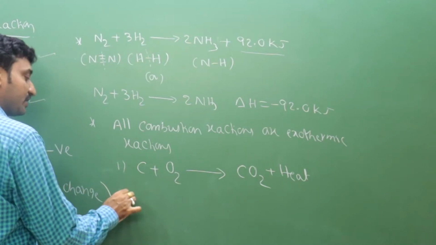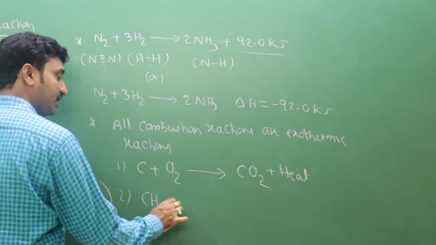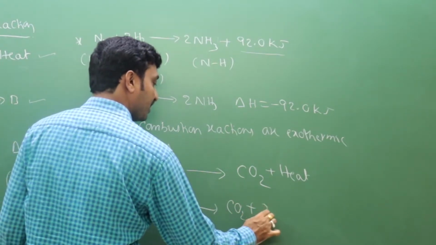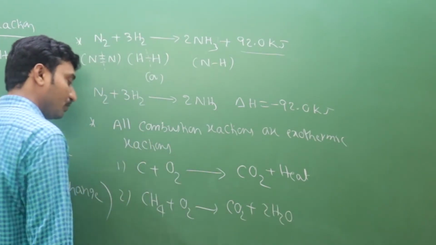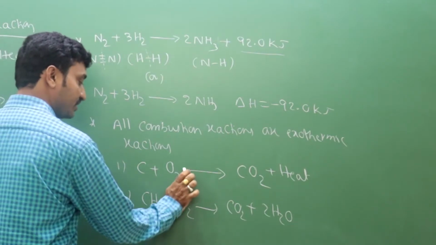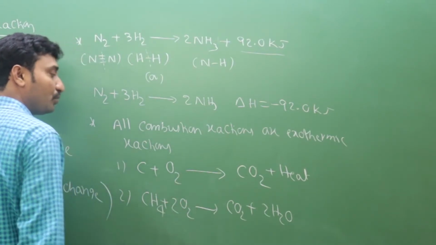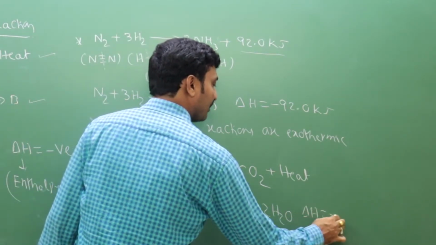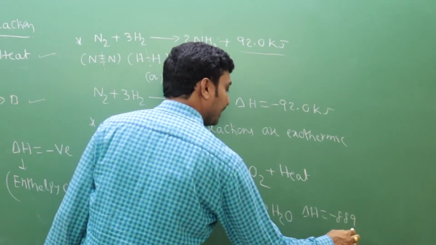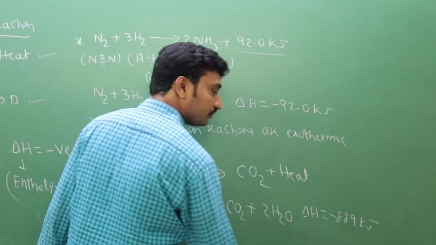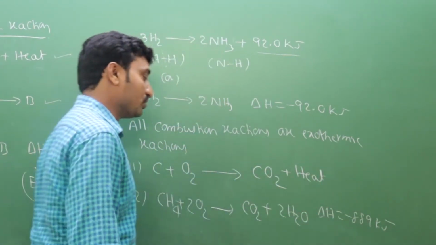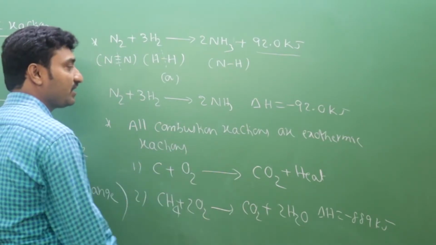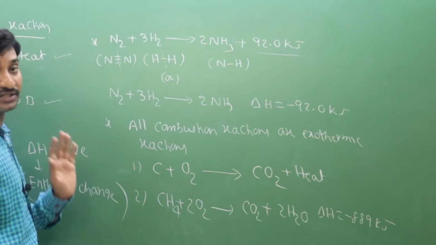Next, combustion of hydrocarbon: CH4 plus 2O2 gives rise to CO2 plus 2H2O, delta H is approximately minus 889 kilojoules. So this is also an example of an exothermic reaction. All combustion reactions are exothermic reactions.